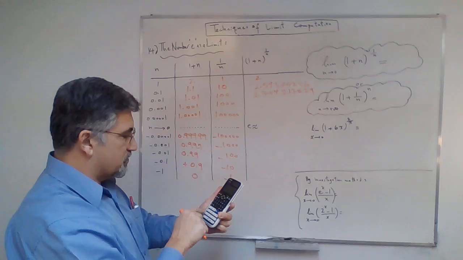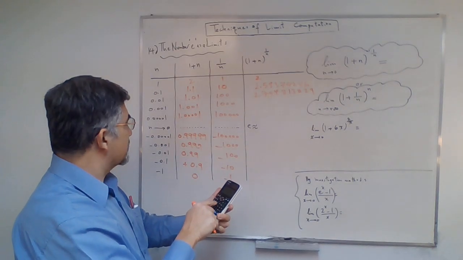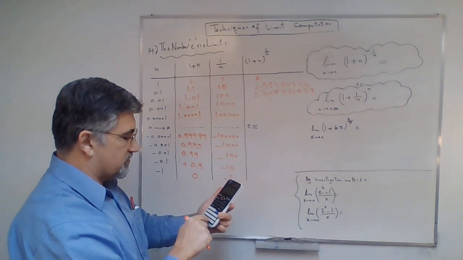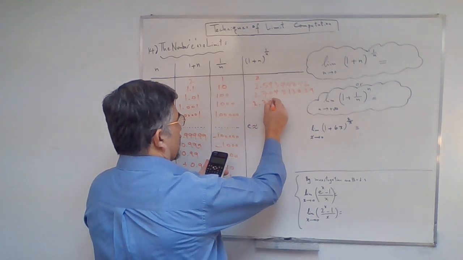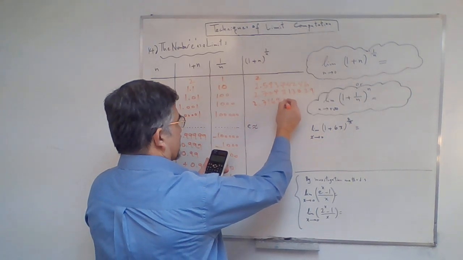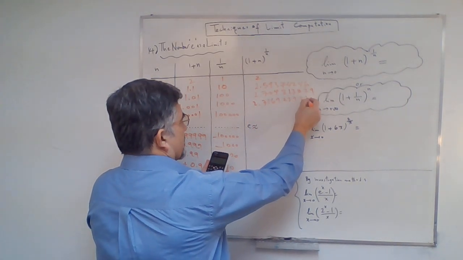Then 1.001 raised to the exponent of 1,000 this time, I get 2.7169233932.